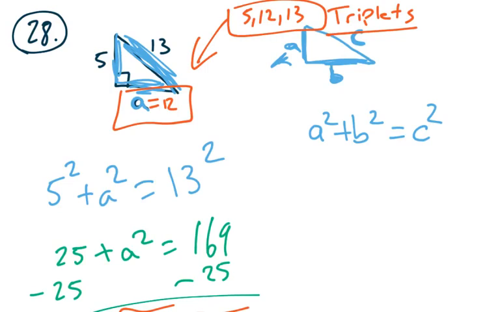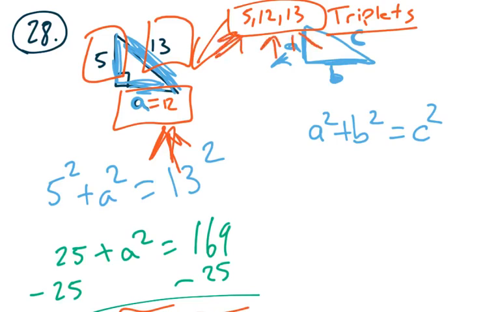When we solve these problems, it's not always going to come out as pretty numbers. All of these answers have been pretty. In the real world, you seldom get that. But if you have these pretty number answers for triangles memorized, your life becomes easier. So if you know 5, 12, 13 is a triplet, if I see 5 and 13, then I know the missing length has to be 12.